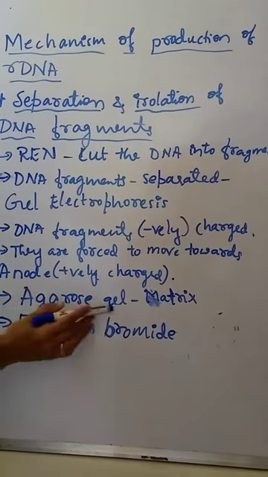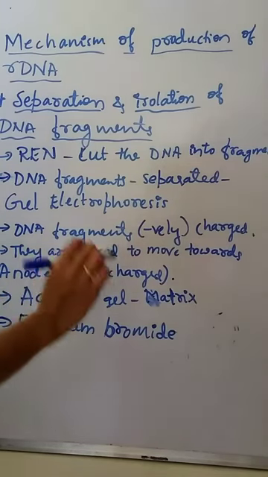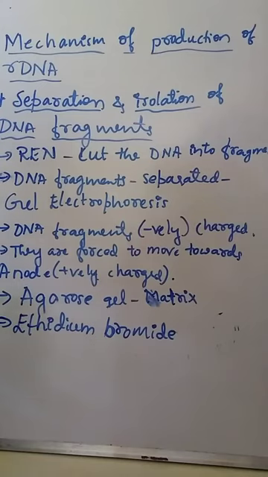By using agarose gel, we can separate the DNA fragments. The smaller fragments move further as compared to the larger fragments, but we cannot observe the separated DNA fragments without using any stain.